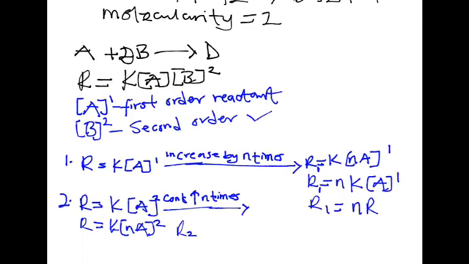Our R2 is going to be n squared K, square bracket A to the power 2, and we know that our R is equal to K, square bracket A to the power 2. So this simply means that our R2 is equal to n squared R.